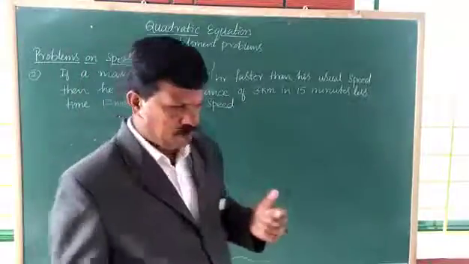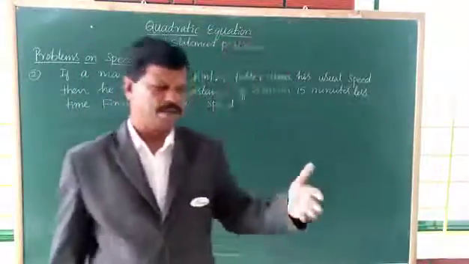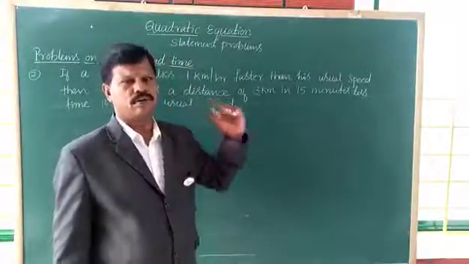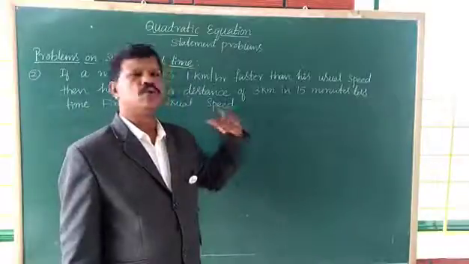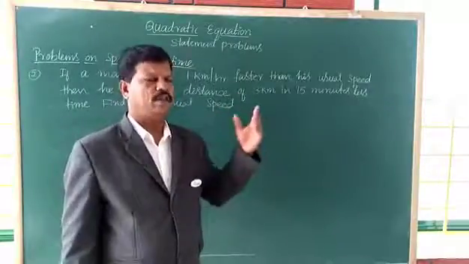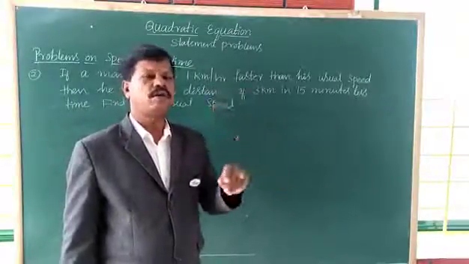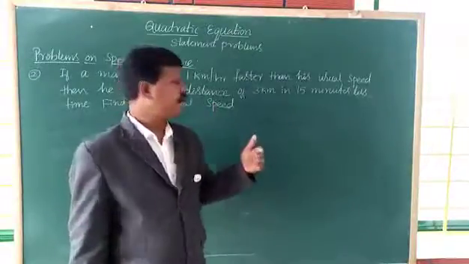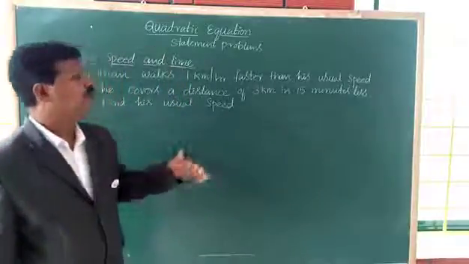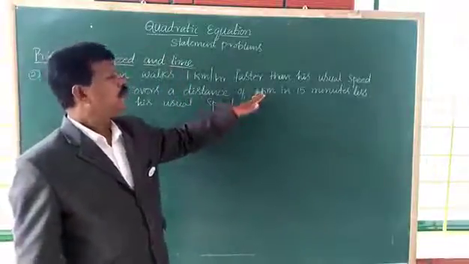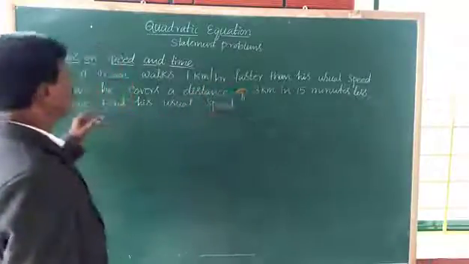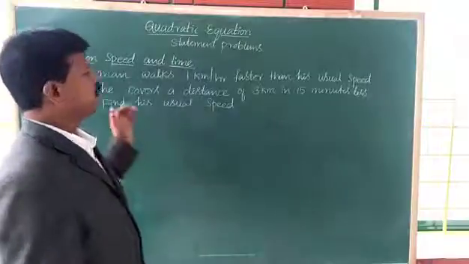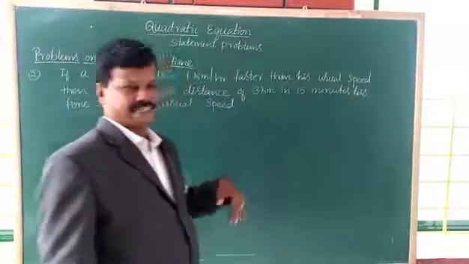For example, you are walking at a normal speed, then time is short. So what to do to reach your school? That means to catch the bus, you should speed up walking. You should walk fast, right? So here you are walking faster than your usual speed, so you will reach the school 15 minutes less.